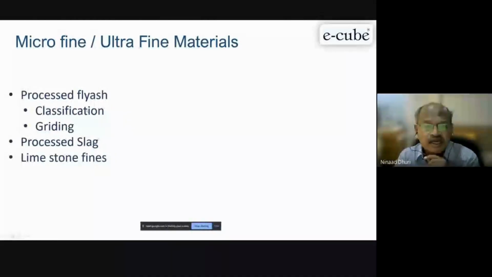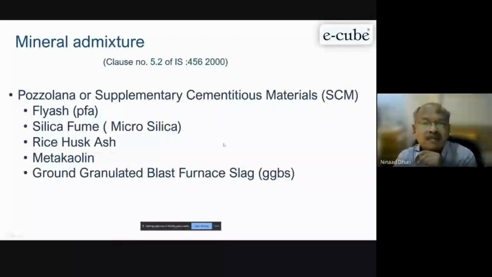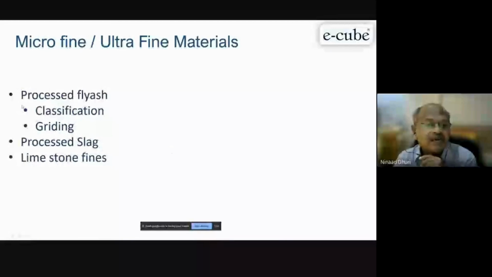These materials are less than 10 micron, and these are mostly less than 45 micron. You can use air classification to remove coarser material and get the fine material, or you can grind the fly ash itself to get the fine material.